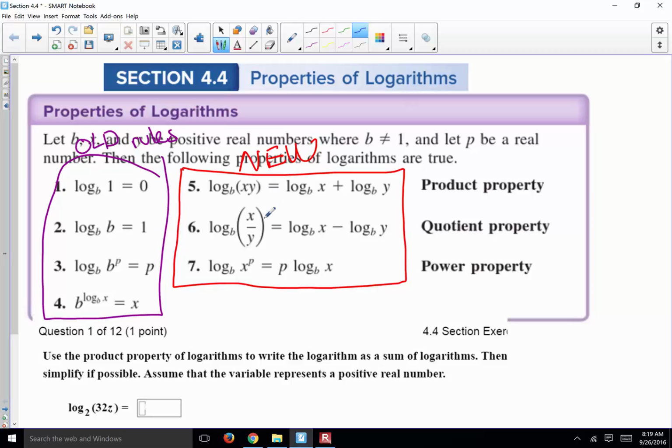First one is called the product property. If you have a product of 2 numbers under the same logarithm, do you see the product sign here? x times y. You can break it into the logarithm of the first number and the logarithm of the second number. But watch out, what's the operation between these 2 logarithms?